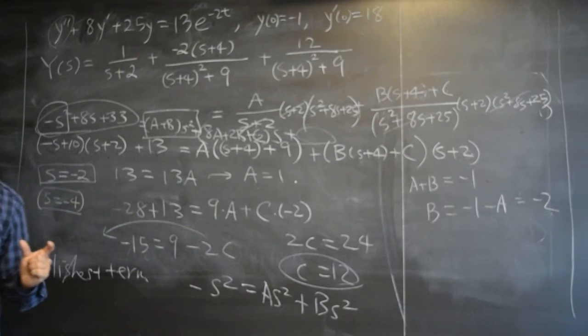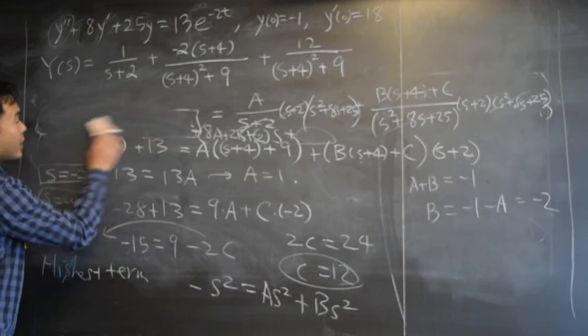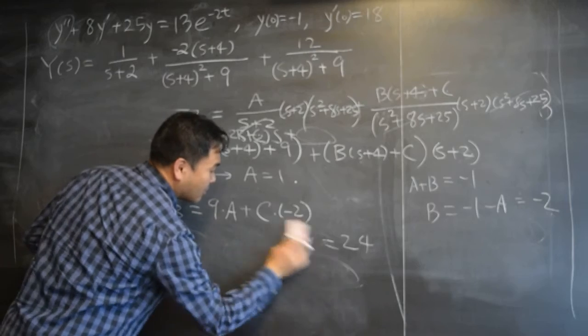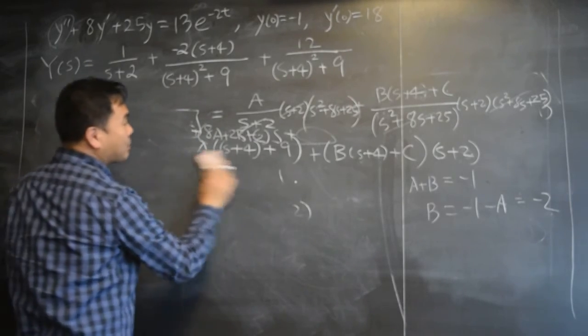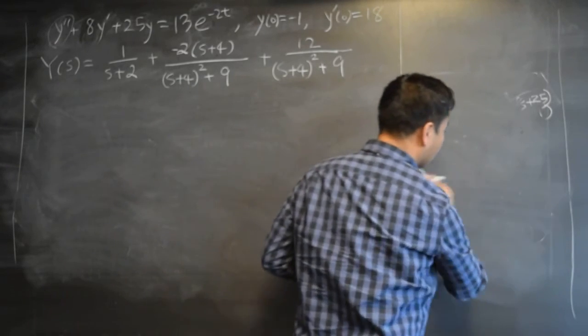Yeah. That's what we were saying, okay? All right, so now we have this result, and then all it remains is to look at the Laplace table to see which one corresponds to which.